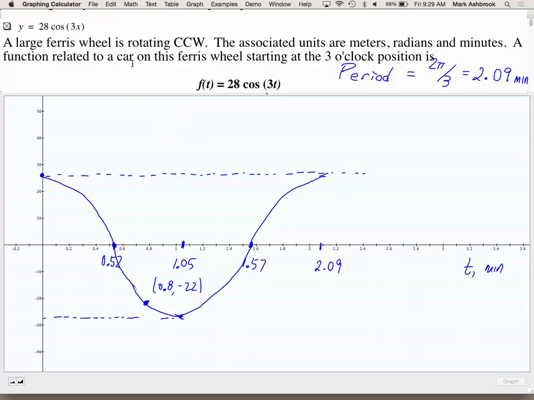Let's see here. How about who's the lucky winner? How about Tofi? What does the point 0.8, negative 22 represent?